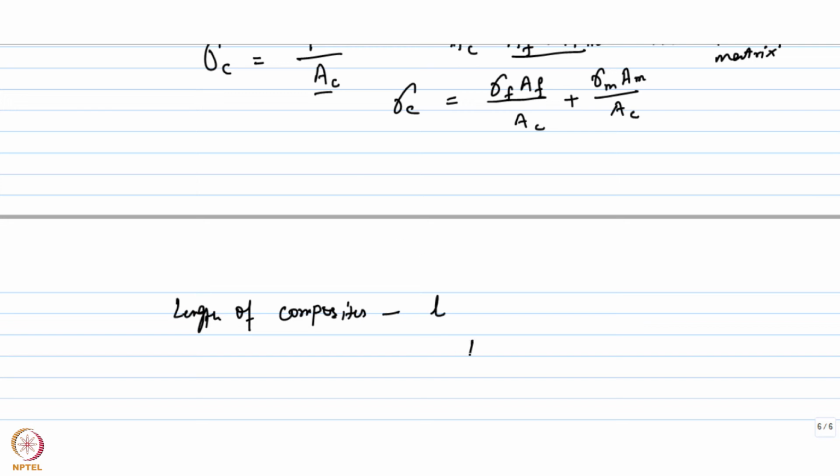For example, this AF by AC, both the denominator and the numerator can be multiplied by the length. So the numerator becomes the volume of fiber and the denominator is the volume of the composite. So this is basically the volume fraction of the fiber.